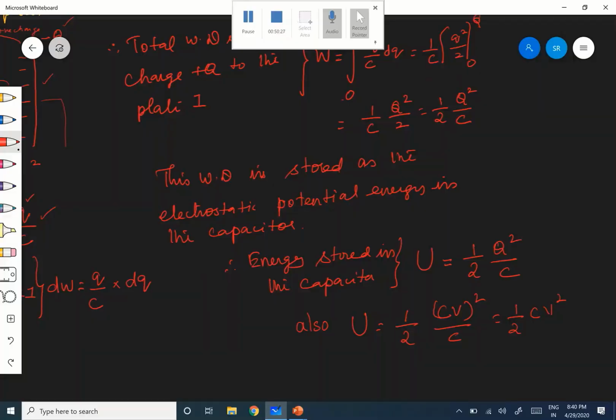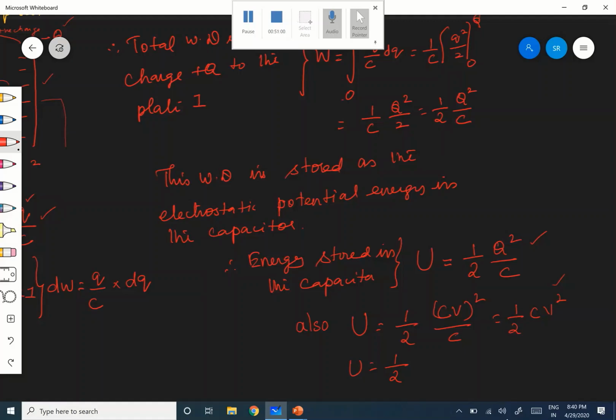Next, we have the QC combination and the CV combination. The other one I want is in terms of the QV combination. So how can I write it?